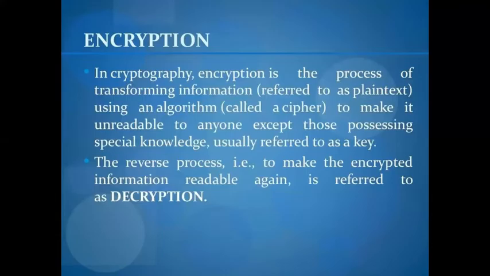Now, what is encryption? Cryptographic encryption is the process of transforming information, referred to as plain text, using an algorithm called a cipher to make it unreadable to everybody except those possessing special knowledge, usually referred to as a key. So, encryption transforms information from plain text to ciphertext.